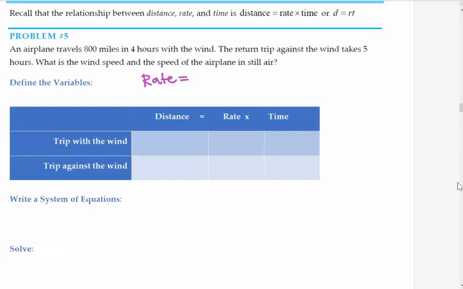Notice how it says here, what's the speed of the wind and the speed of the airplane? Right? So a rate, in this case, is going to be the plane speed plus or minus the wind speed, depending on if it's going with the wind or if it's going against the wind.